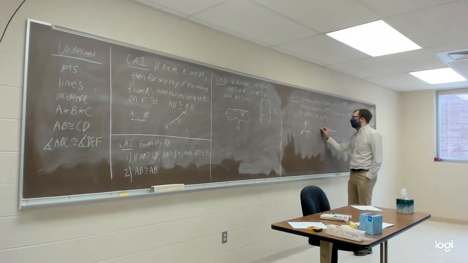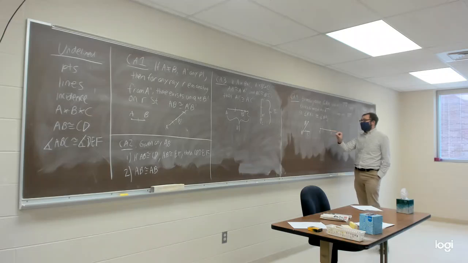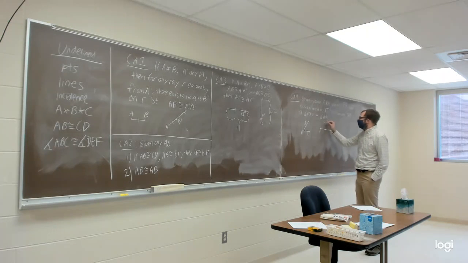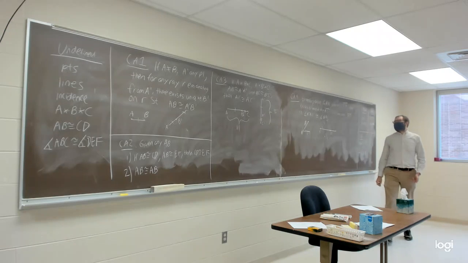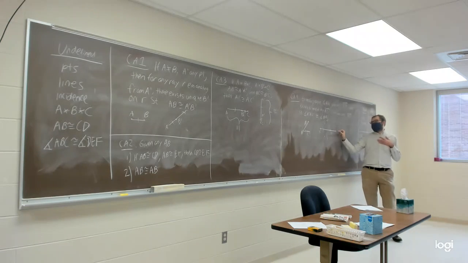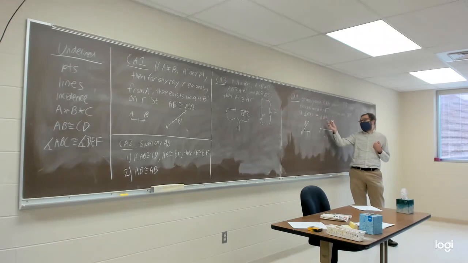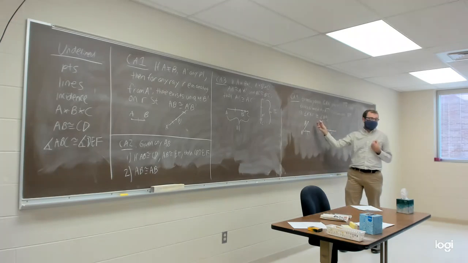On the other hand, if we had chosen a different side, we would have gotten another unique ray. So let's call this C1 prime. And we'll call this C2 prime. And basically this is saying, given any ray like this, pick a side of your ray, you can always form a new angle on that side of your ray, so that the new angle you get is congruent to your original angle.